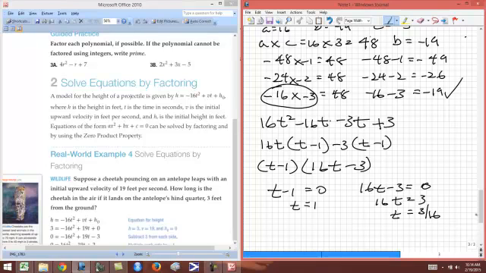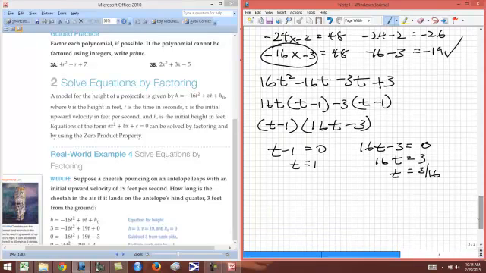So, what does this mean? All right, there's 2 points in time where the animal, the cheetah, is at 3 feet. Okay, it's at 3 feet at 3/16 of a second, and it's at 3 feet at 1 second.